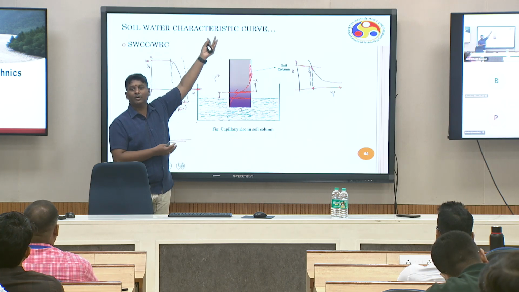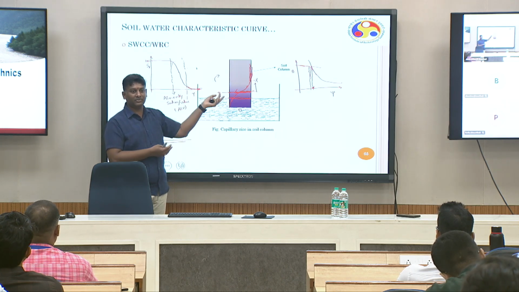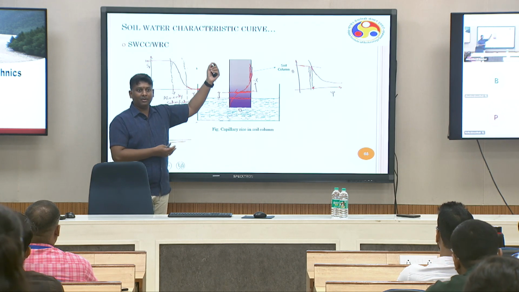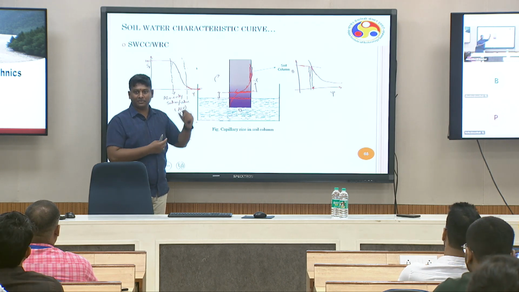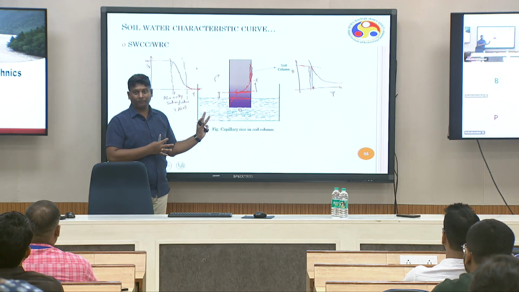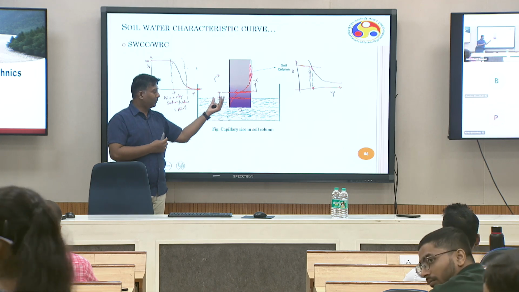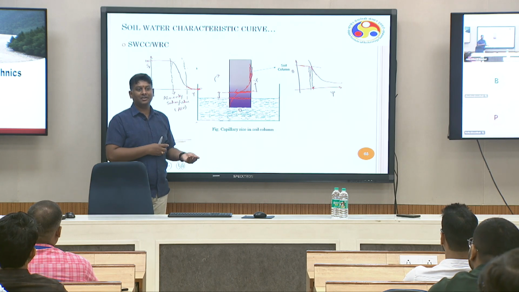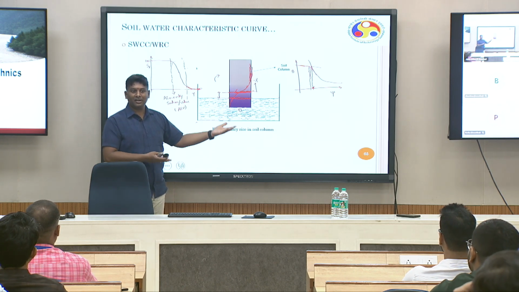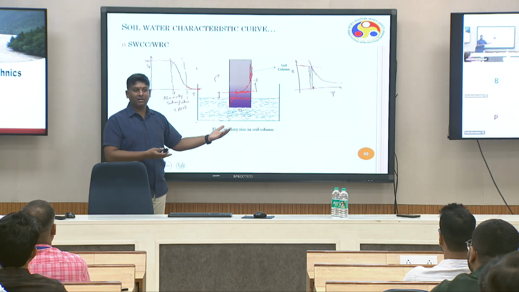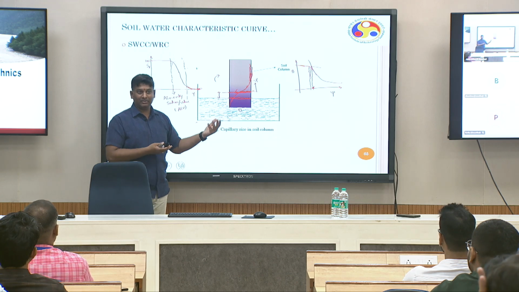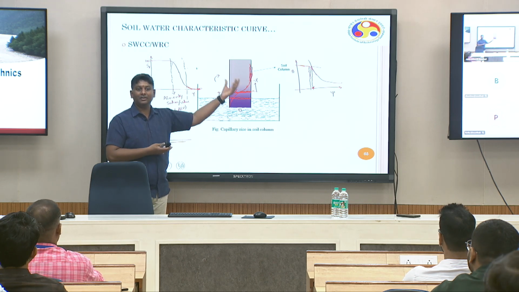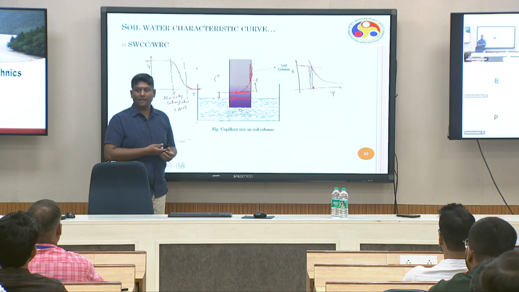And after a very long distance or height, you may see that it may be completely dried also, depending on the type of soil, right? And this process also is time-taking. It is not instantaneous because it depends on hydraulic characteristics, permeability or the hydraulic conductivity, how fast they can go up, right?